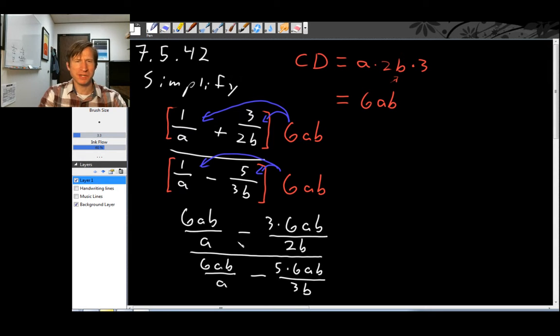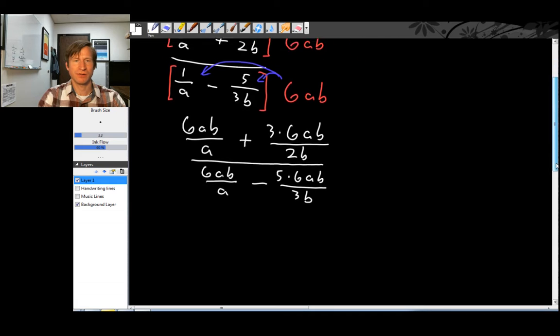And this minus up here in the numerator should actually be a plus. Sorry about that. All right. Let's move down a little.